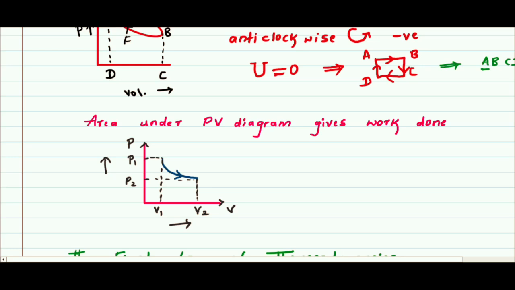Hence we can say that during a cyclic process, the internal energy change will always be equal to 0. Always remember this thing.